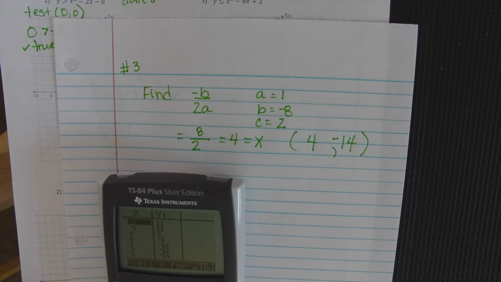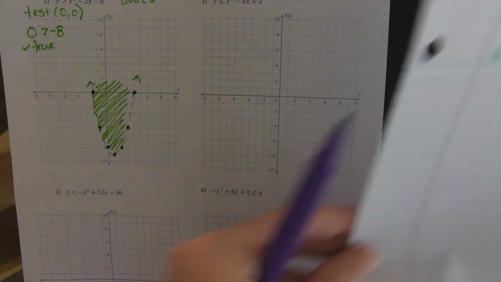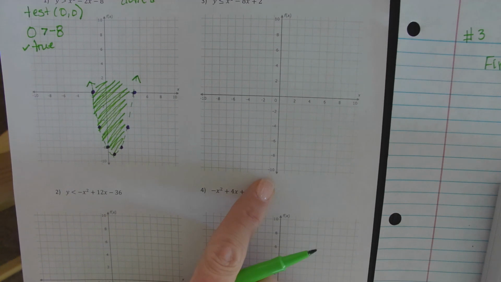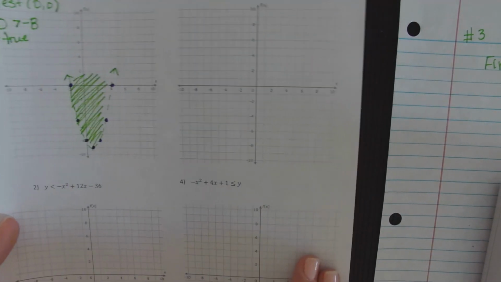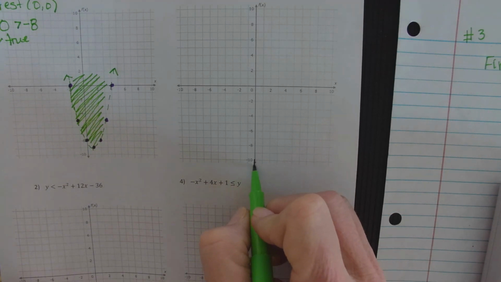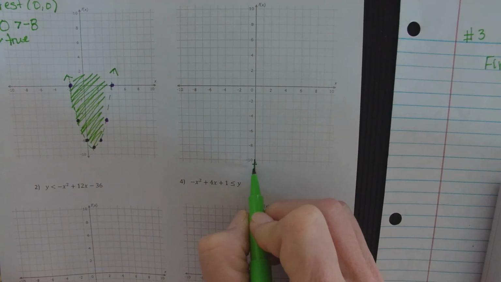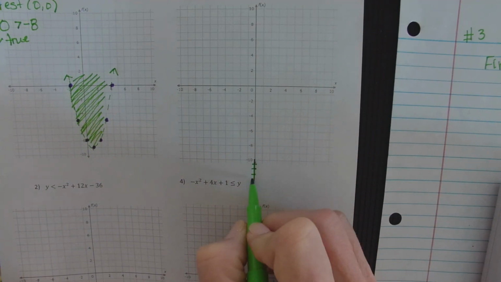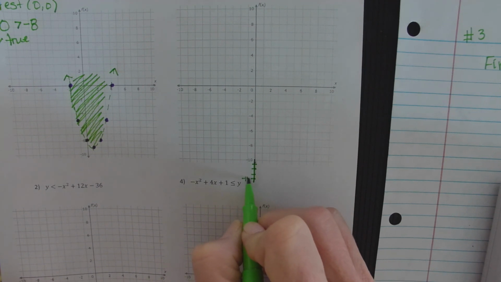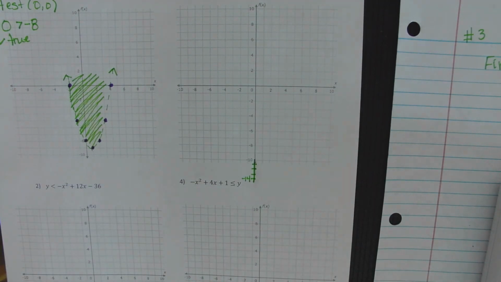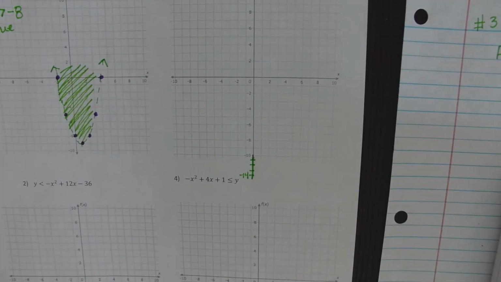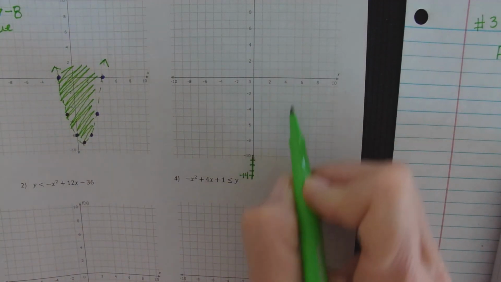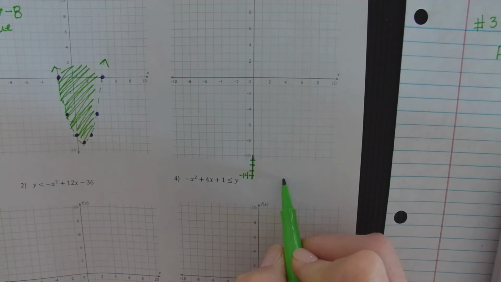You will need to, on your graph, add 4 more down here. I'm going to go ahead and do that now. 11, 12, 13, 14. Okay, does everybody see what I'm doing? So my vertex is 4, negative 14.